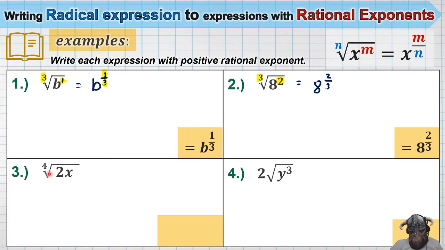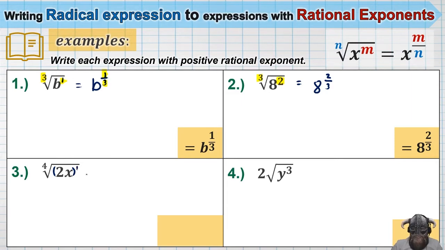Next, let's have number 3. We have the given the fourth root of 2x. So in this case, yung 2x yung nahanapan natin ng fourth root. So pag walang nakalagay na index tapos merong variable at merong number, lagyan nyo ng parenthesis, and then let's make their whole exponent be equal to 1.